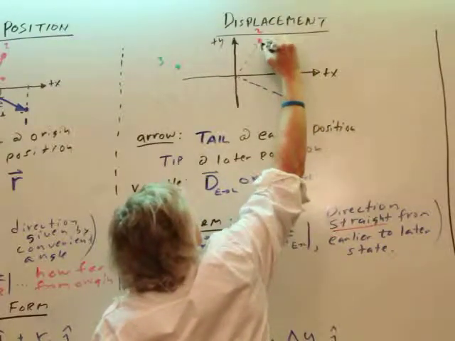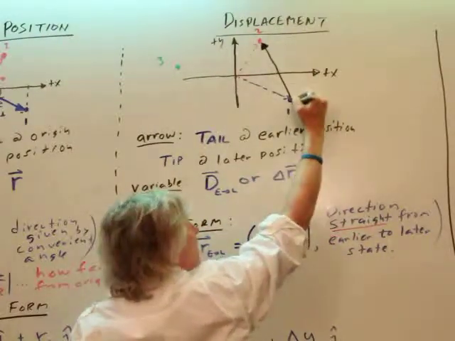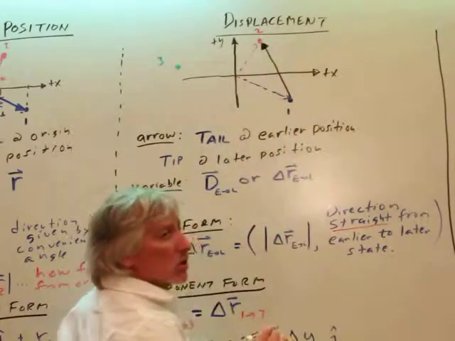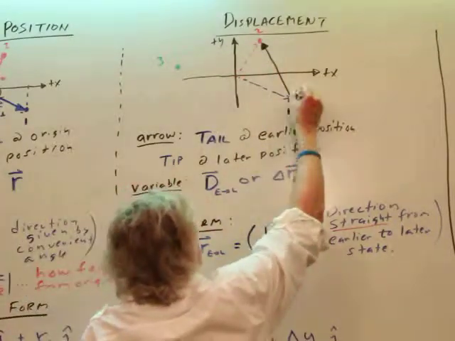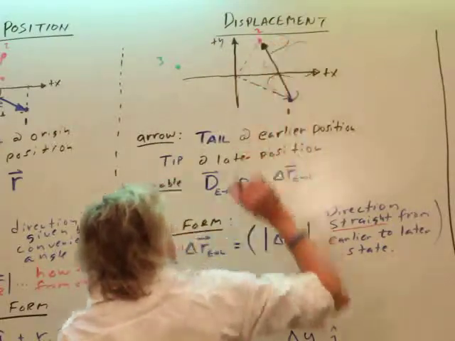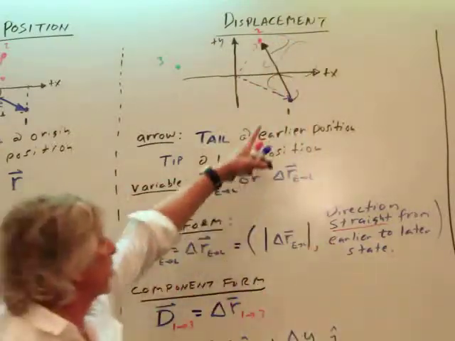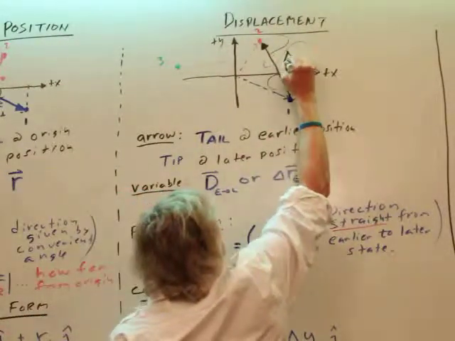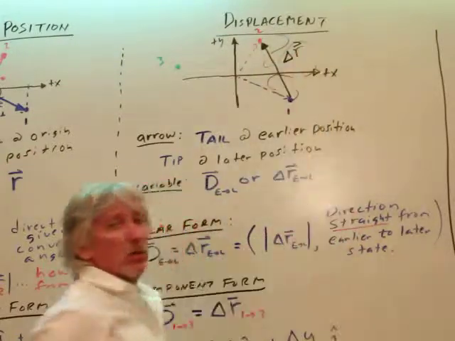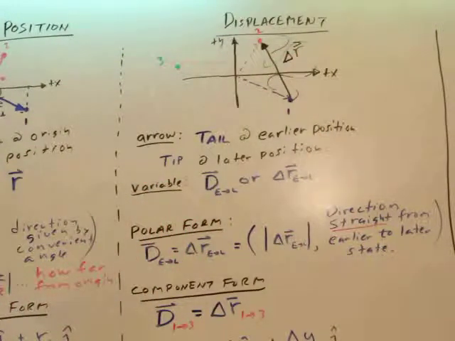Now this occurs in time. So it was at position 1, and then it was at position 2. I can't go 2 to 1, that's going backwards in time. I don't know how I got there, and it doesn't really matter what the path was. The displacement is from earlier to later. Okay? That is the change in your position vector, which we'll deal with later, from 1 to 2.